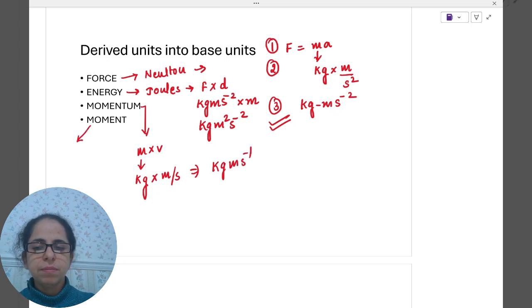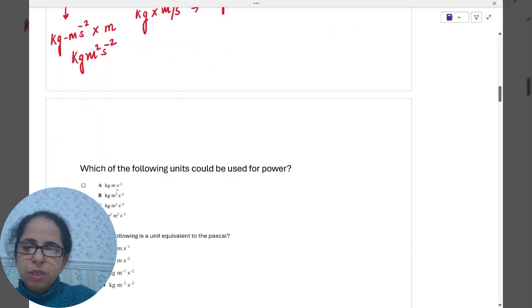Moment, I'm thinking of the formula force times distance. First step, the base unit for force we've just derived: kg m s to the power minus 2. The base unit for distance is m. So kg m squared s to the power minus 2. Done.